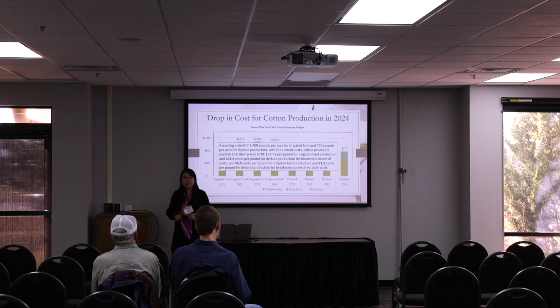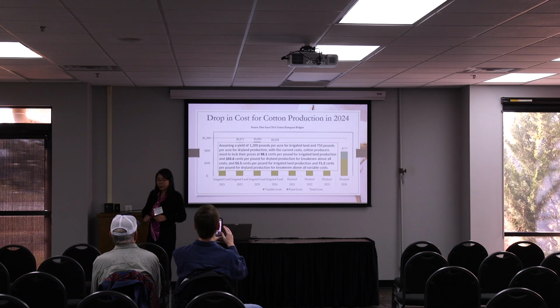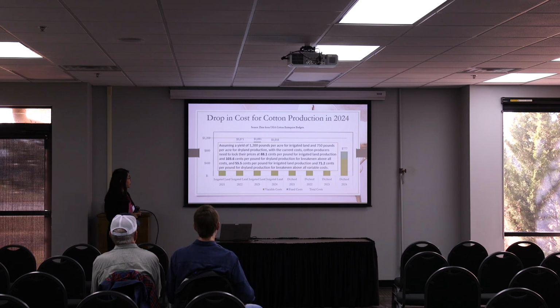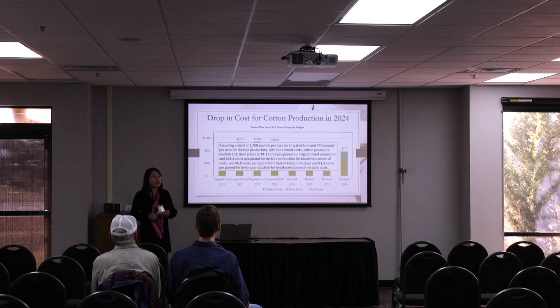Then what does that mean for producers? If we assume 1,200 pounds per acre of yield for irrigated land, and 750 pounds per acre for dry land production, how much money do producers need to sell their cotton for in order to break even for both variable costs as well as fixed costs?